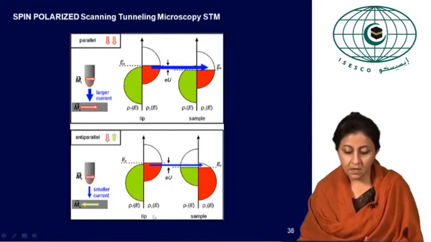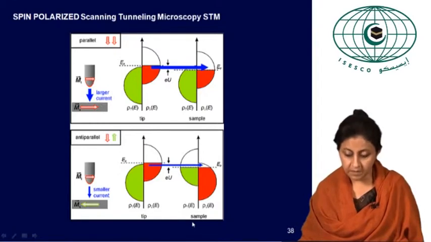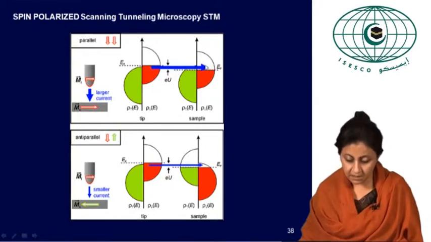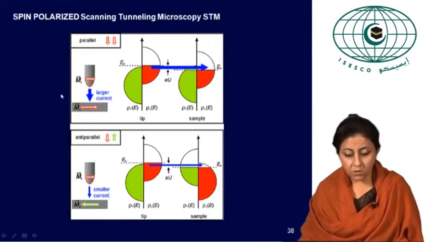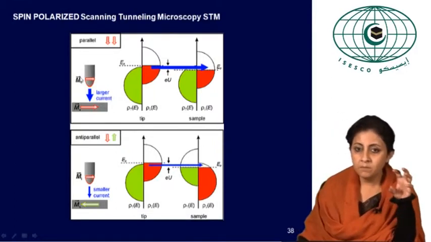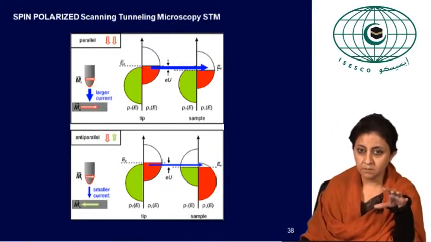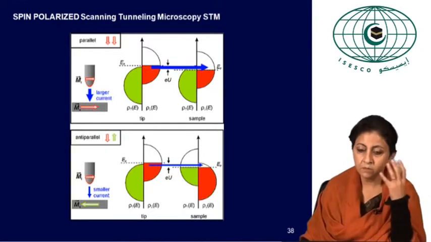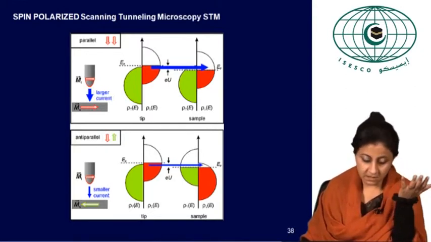If you look at the diagram of the density of states here, there are empty states into which the tip electrons can tunnel. In this manner one can map out the magnetic states of the sample, not just where the atoms are lying, but whether they're magnetized in a certain direction.